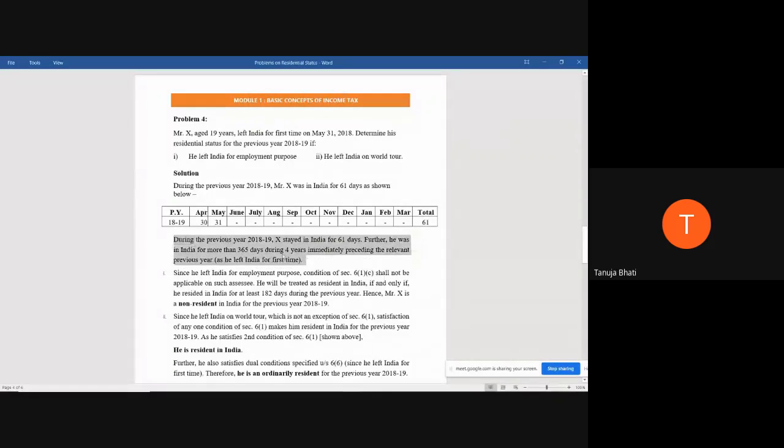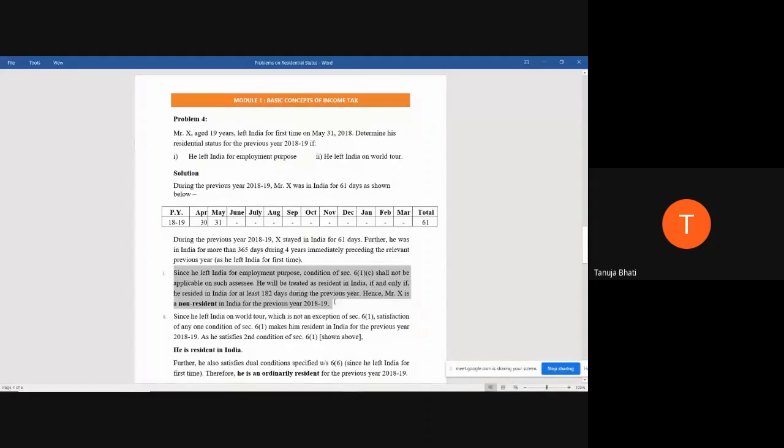So how are you going to write? During the previous year 18-19, X stayed in India for 61 days. Further, he was in India for more than 365 days during the preceding years, obviously, since he's leaving India for the first time. So obviously before 18-19 he has always stayed in India.